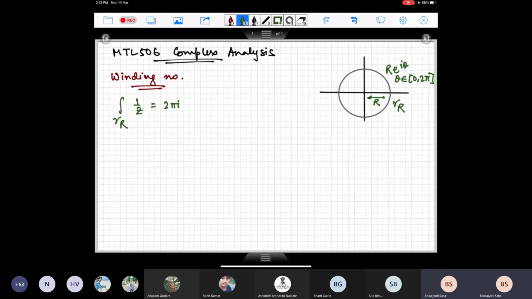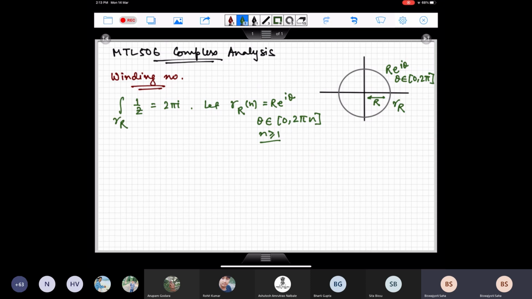Okay, now in place of gamma r, let us take the following path. So let gamma r n be the same path r e power i theta, except that I vary my theta, let's say, between 0 to 2 pi n. Okay, so here for instance at this moment I am taking n bigger than or equal to 1.